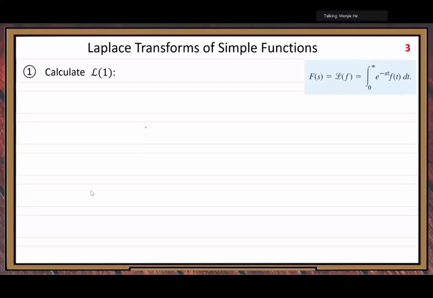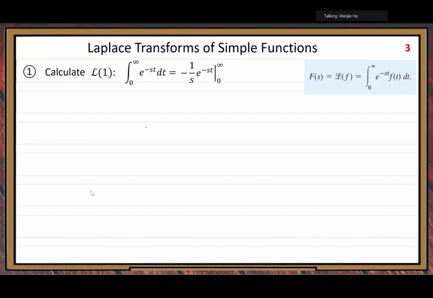Now, this is the definition of Laplace transform. We replace little f by 1. So we just calculate the integral of this e function directly. Although it involves infinity, we use a limit to deal with the infinity. Here, because of negative s times t, s should be a positive number.